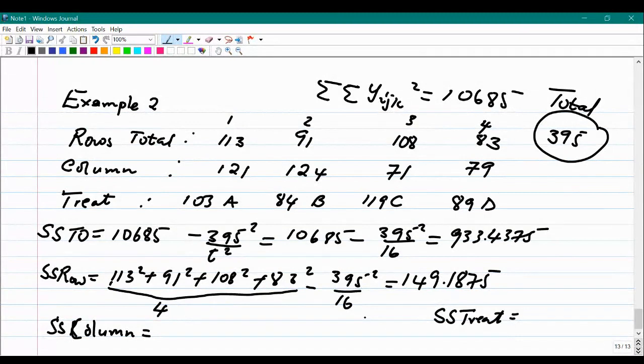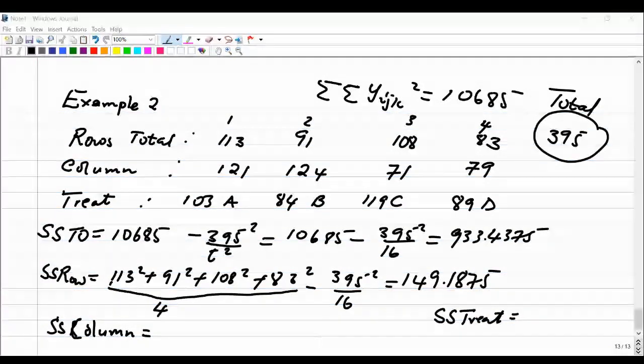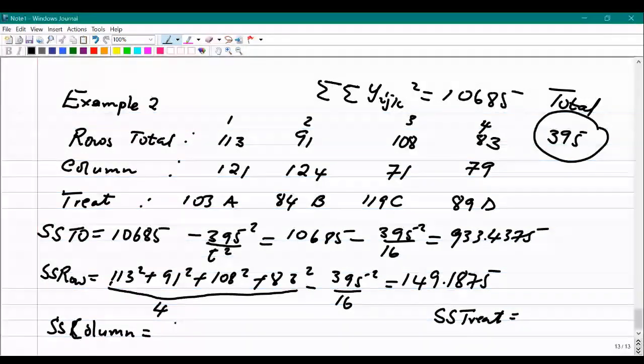Let's do it quick, guys. Let's go fast. 573.1875. Five, 7, 3, like that. Yeah, 0.1875.